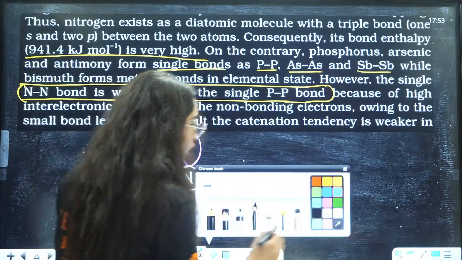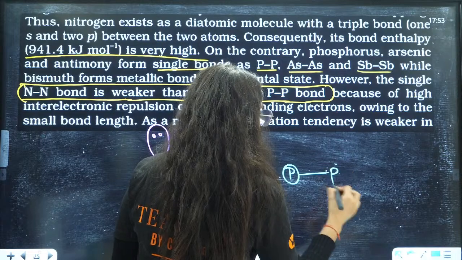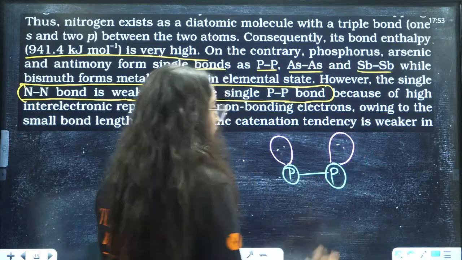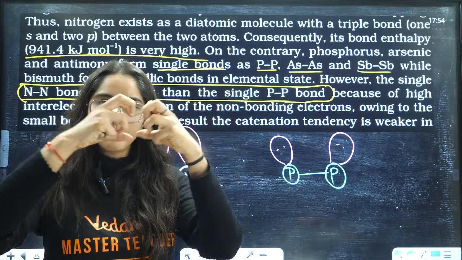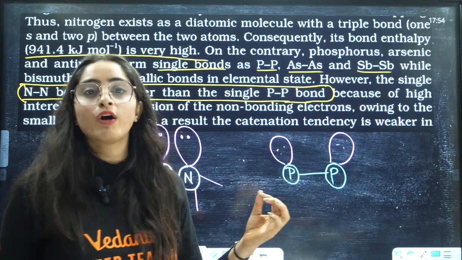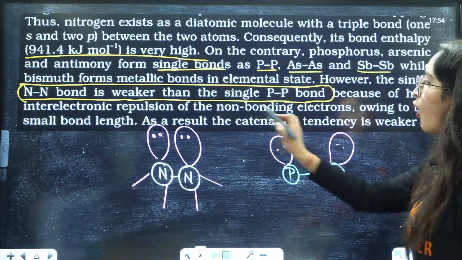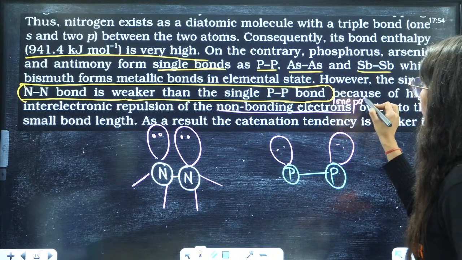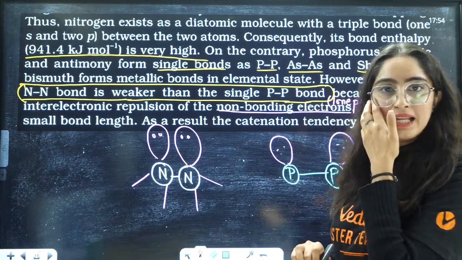But if we talk about phosphorus here, these are the lone pairs. Because phosphorus is larger, the atoms will be slightly away from each other. Because of that, the lone pairs will not have that much repulsion. Hence, the interelectronic repulsion of the non-bonding electrons, that means lone pairs, owing to the small bond length, will be more.